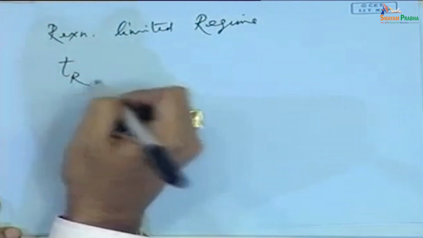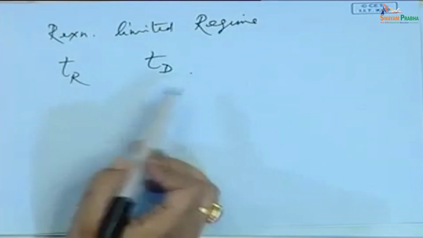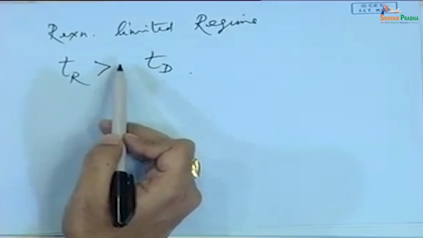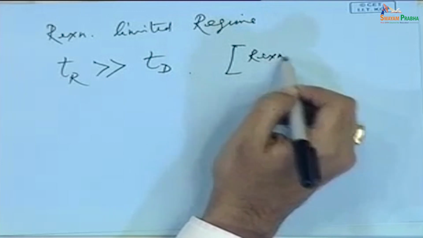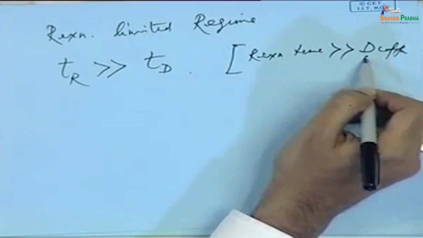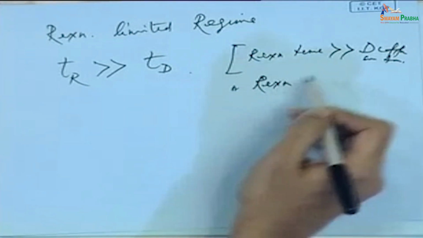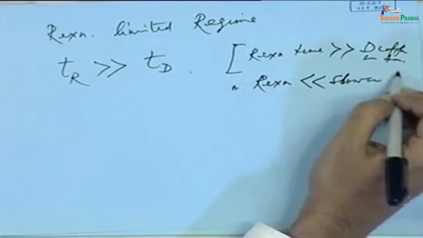What is the relationship between TR and TD? In the reaction limited regime, TR is much greater than TD. So, the reaction time is much greater than diffusion time, or reaction is much slower than diffusion.